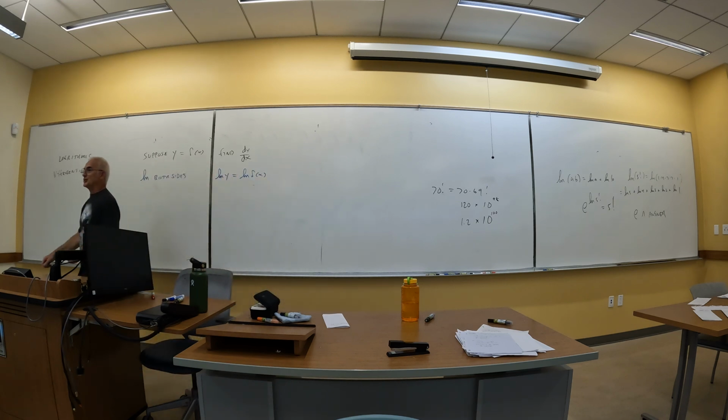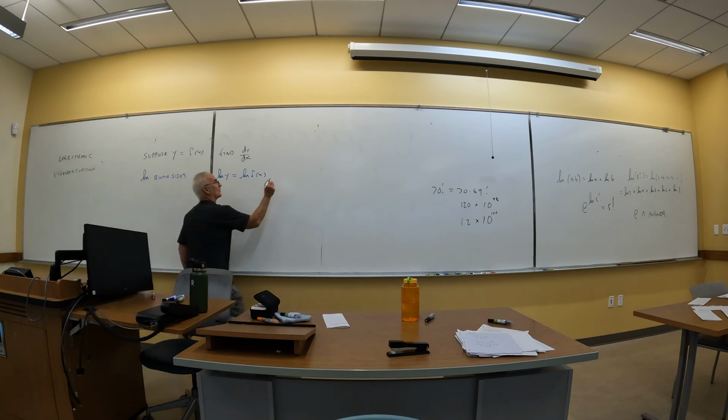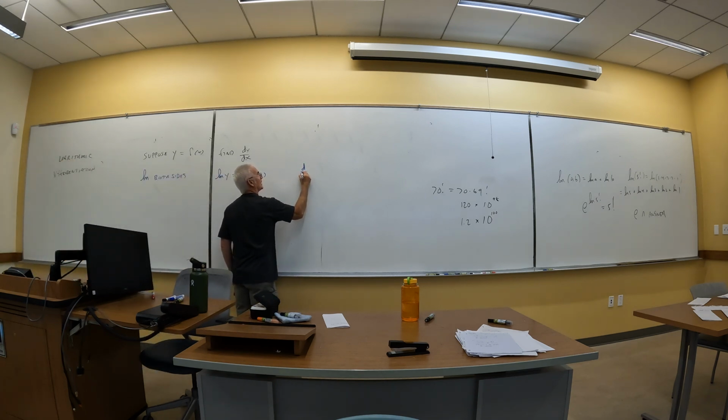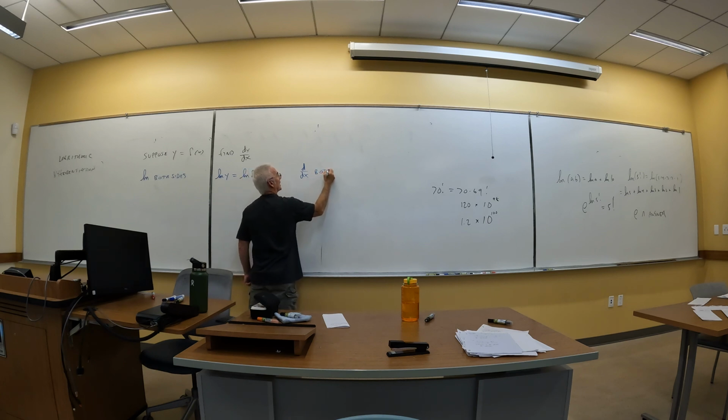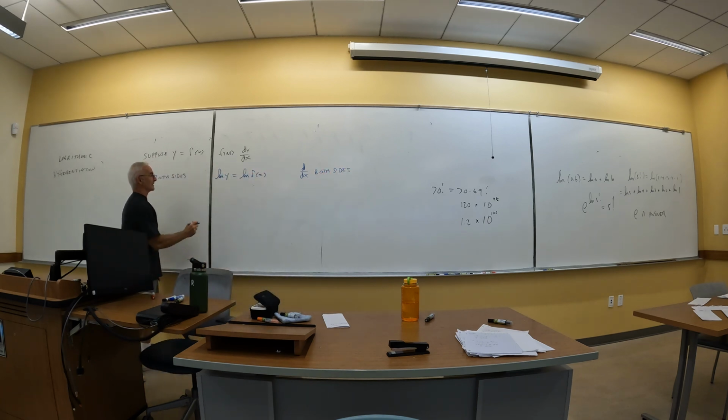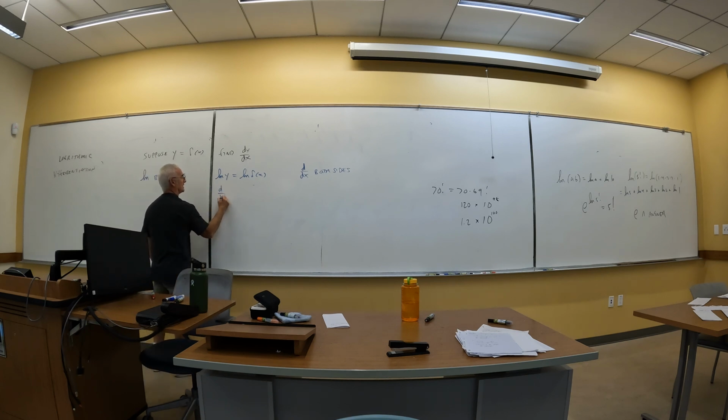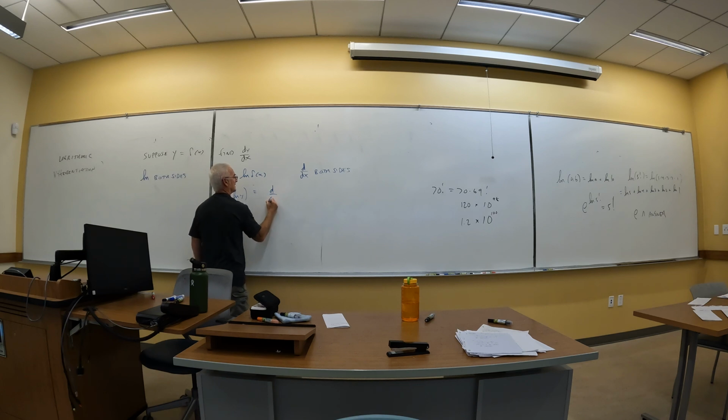Now I want to differentiate both sides with respect to x, so y is a function. If I differentiate both sides with respect to x, we write it this way. We say d/dx of both sides. So in English, that means differentiate both sides with respect to x. So I'm going to go d/dx of log y equals d/dx of log f of x.